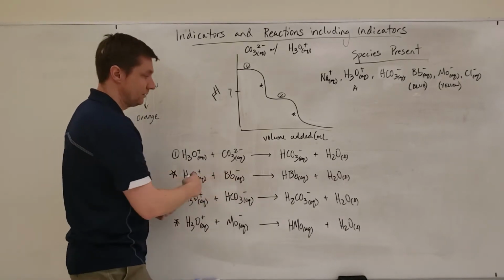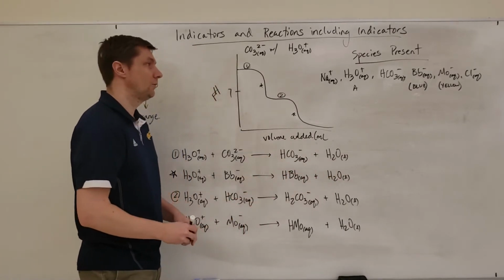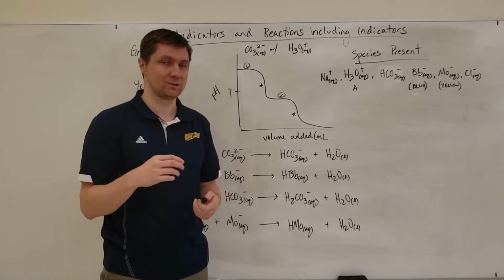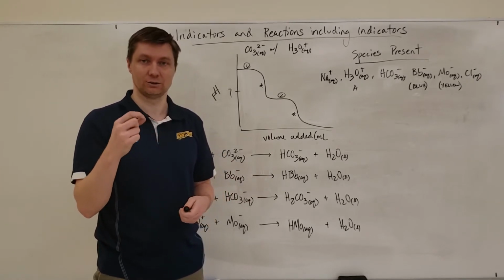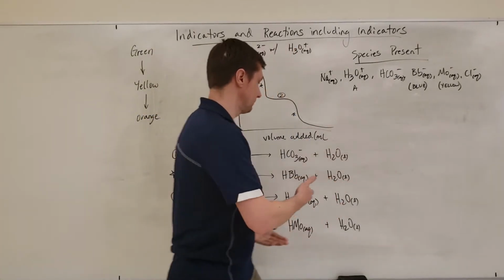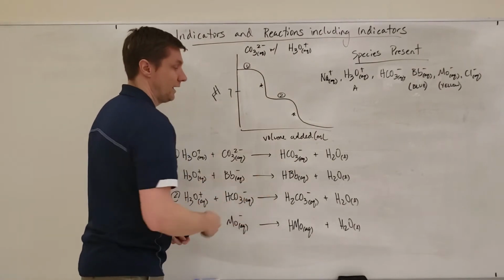It reacts with the Bb minus, making HBb and H2O. And as you saw, I only added one or two drops of each of the indicators, so it doesn't take a lot of acid for that color change to happen. And so eventually, when this reaction is all done, the Bb minus ions are now all gone, and all I have is HBb.